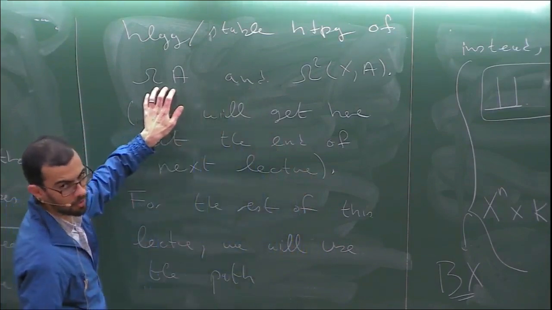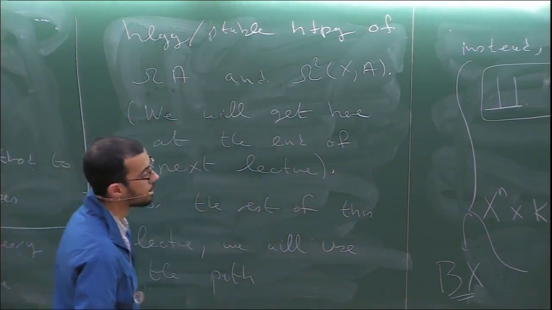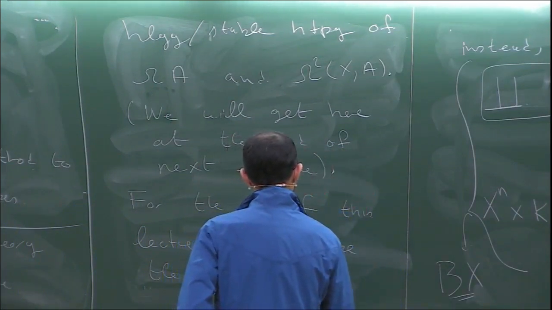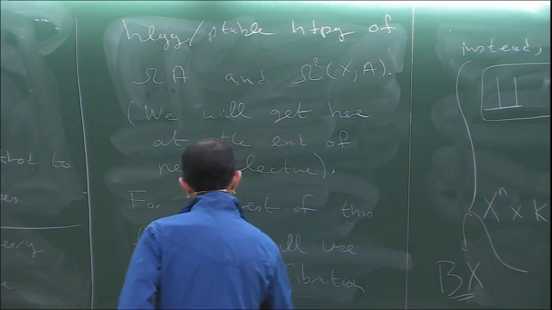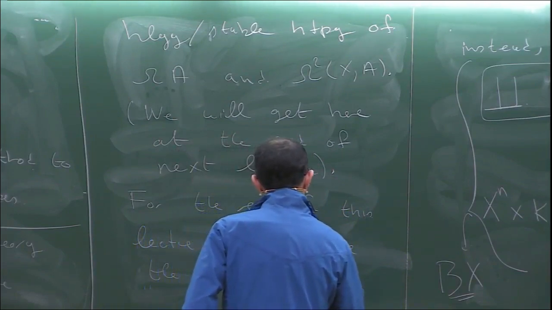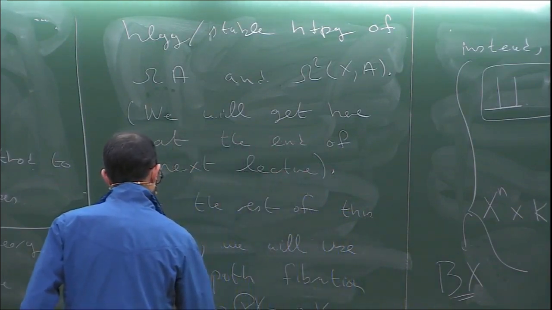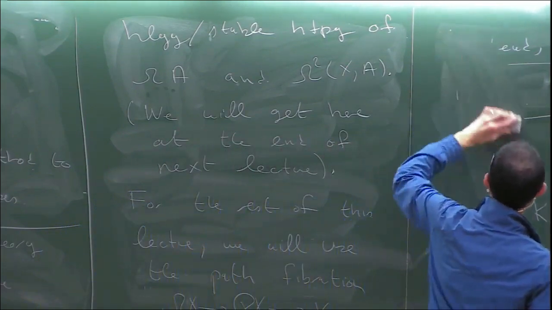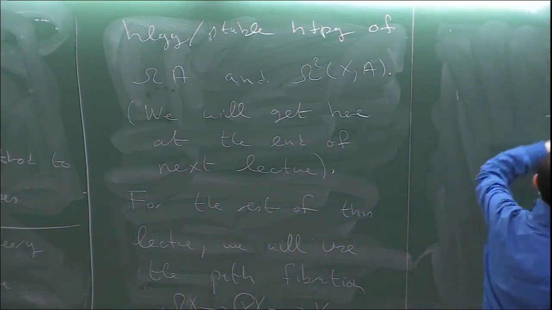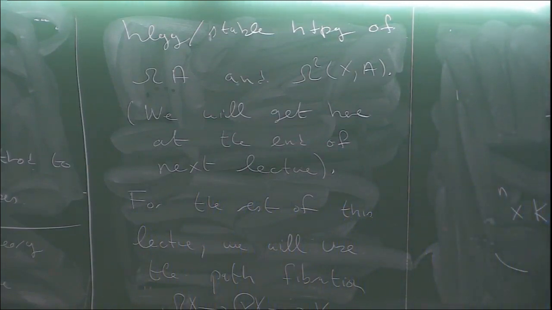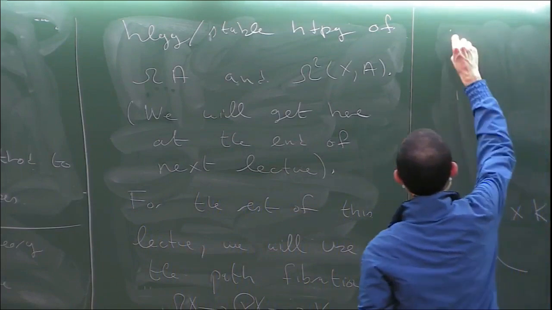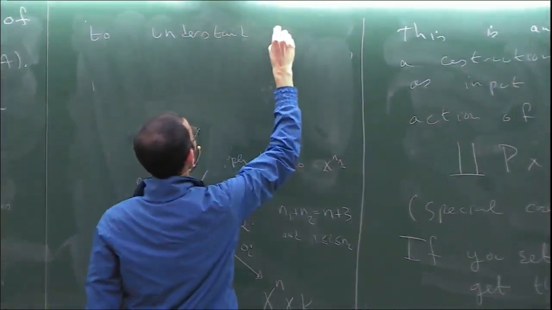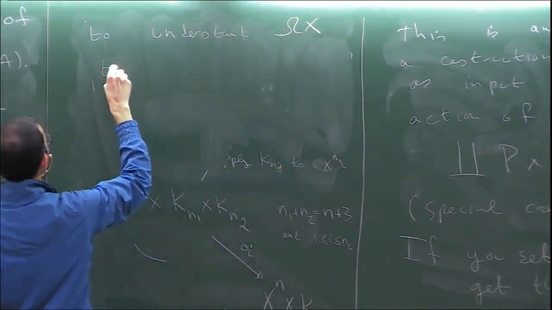It's really hard for me to write loop A, so I'm going to go back to writing loop X, the path fibration, PX to X with fiber loop X. Okay, so clearly this path fibration tells us a lot about the topology of loop X. But what I want to do is to understand loop X together with its product.